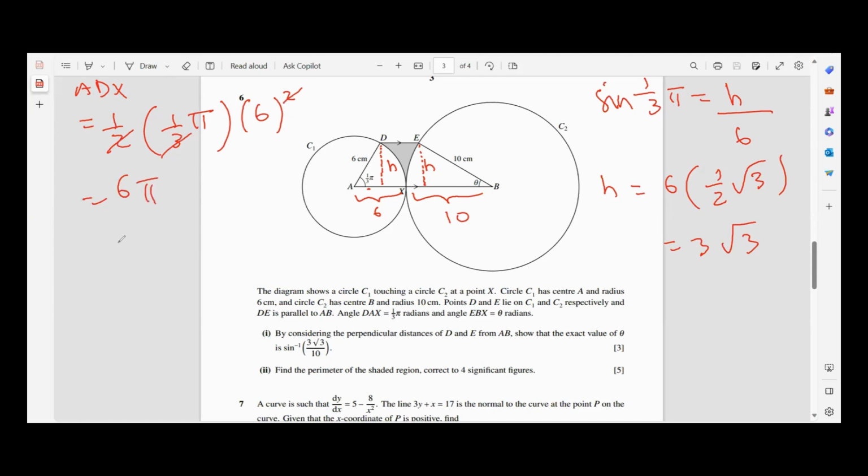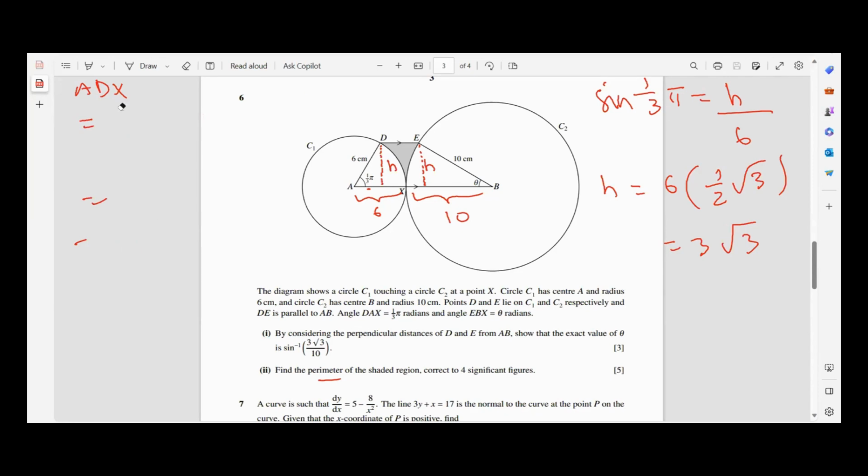And then EBX. Okay, for the angle, we already got it just now. Oh, sorry. It asks for the perimeter, so not the sector.